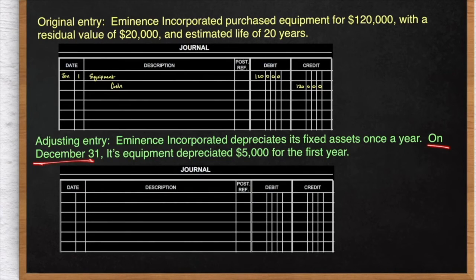So on December 31st, its equipment was depreciated $5,000 for the first year. That means the equipment decreased in value, because depreciation means decreased in value, by $5,000. It was worth $120,000 and it decreased in value by $5,000.